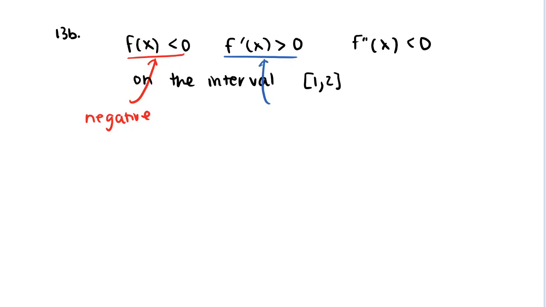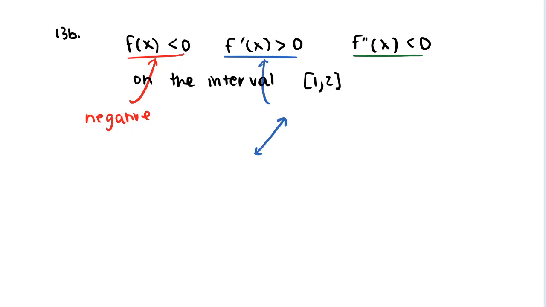Well, this just means that the derivative of our function is greater than 0, and the derivative measures the slopes of the tangent line. So the slopes of the tangent lines should be positive, or in other words, angled upwards. So all this is saying is that our graph should be below the x-axis, but it should be sort of trending upwards from left to right on this interval.